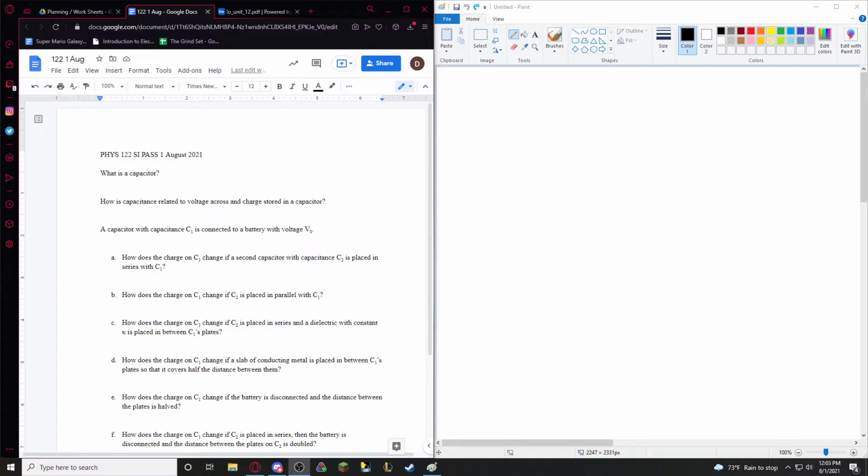So, what is a capacitor? Or specifically, what kind of capacitors have you been seeing in this class? The parallel plate capacitor. Exactly. So, what is a parallel plate capacitor?